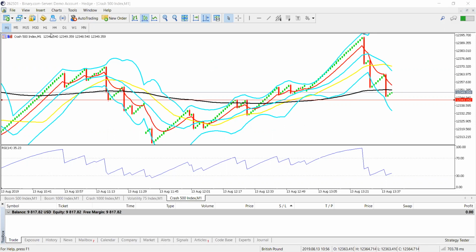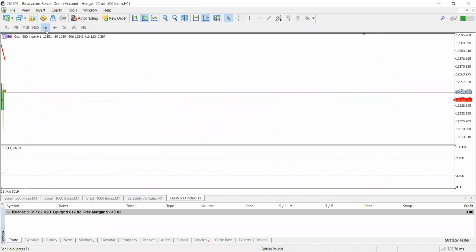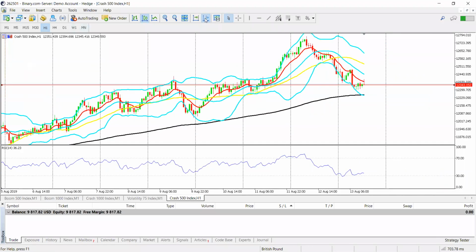Right now, we did not even check the longer time frames, the higher time frames. If you look at your 1 hour, this is supposed to be an overall uptrend since the 200 EMA is below.